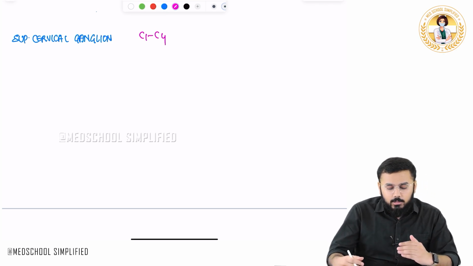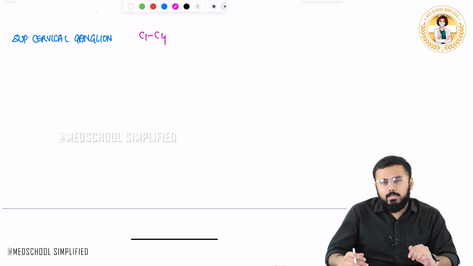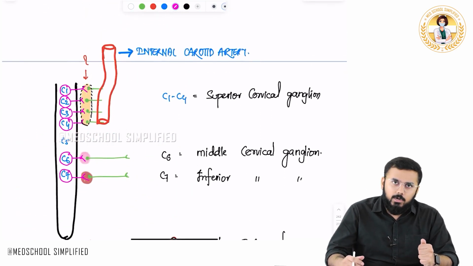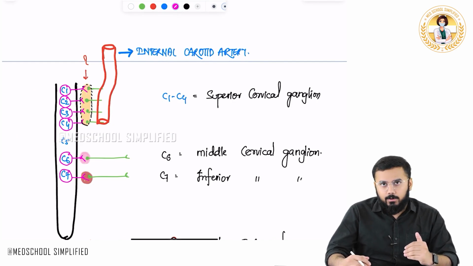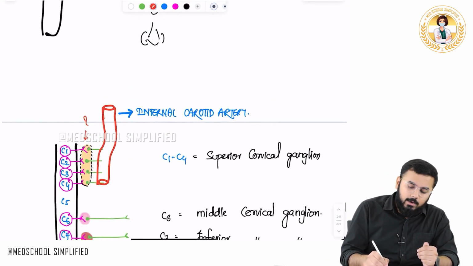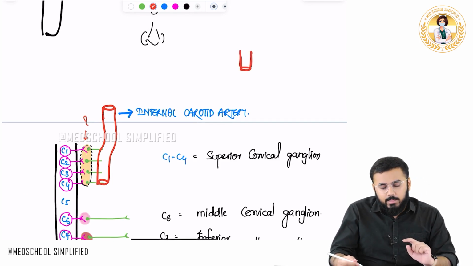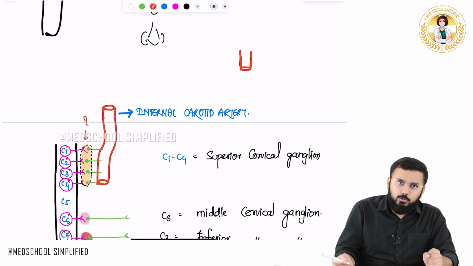The second important thing: the superior cervical ganglion is related to which artery? We already discussed, it is the internal carotid artery. If you look at an artery, let us say this artery over here is the common carotid artery. This common carotid artery divides into 2 arteries.